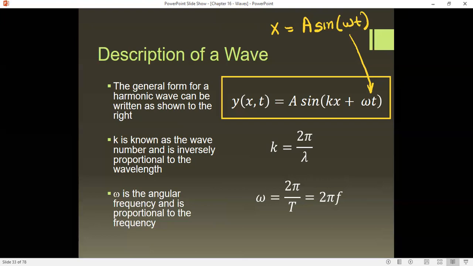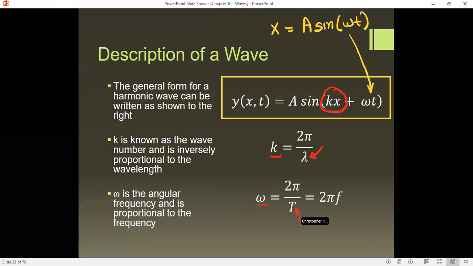But notice I've added a new term here. I also have this kx. If omega t allows it to oscillate in time, kx allows it to oscillate in position. So here, k is related to lambda by this 2 pi, just the same way that angular frequency is related to period by 2 pi.